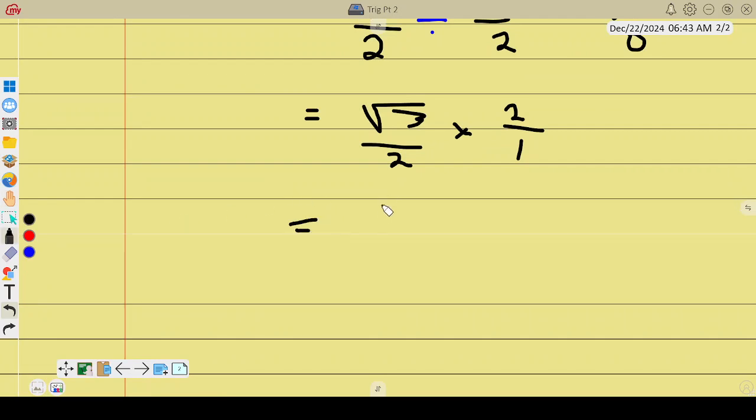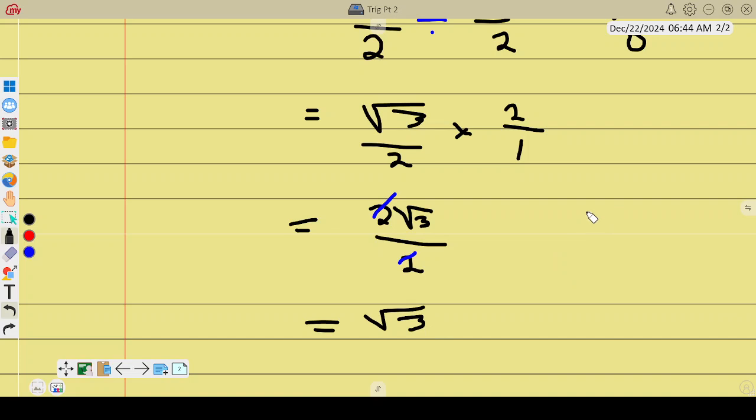We're going to have 2 root 3 over 2, and these 2's can cancel. So the final answer, tan 60, is simply root 3.